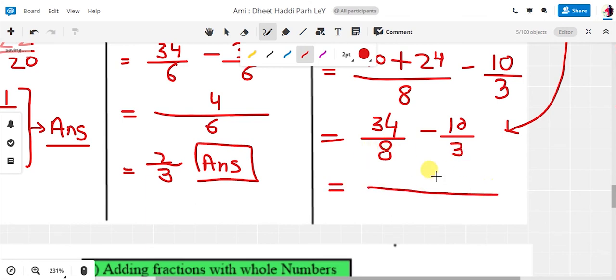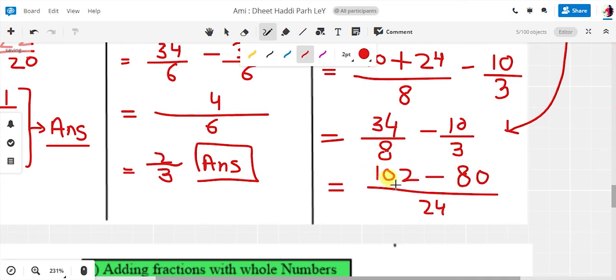Okay, make the denominator the same, so 8 times 3 is 24. Now cross multiply. First put the negative sign, so cross multiply 34 times 3. 4 times 3 is 12, and 3 times 3 is 9, plus 1 carry, 10, so 102. And this will give me 8 times 10 is 80.